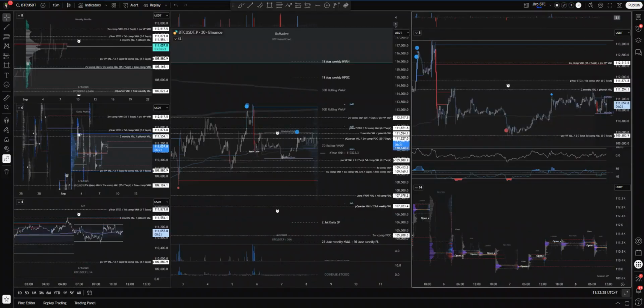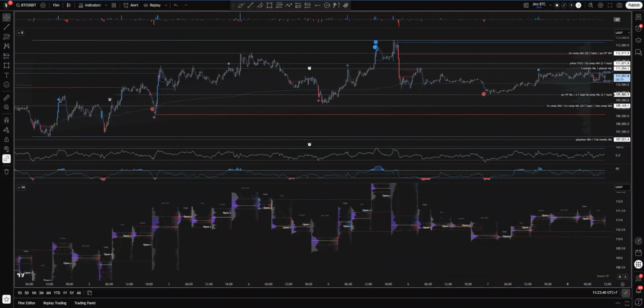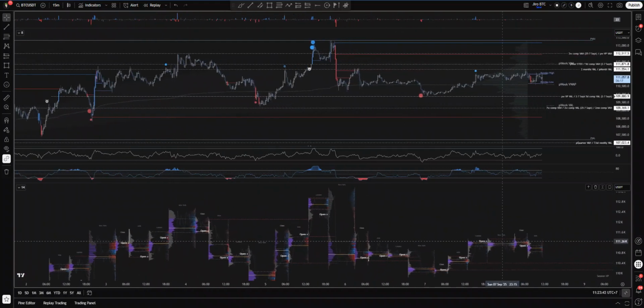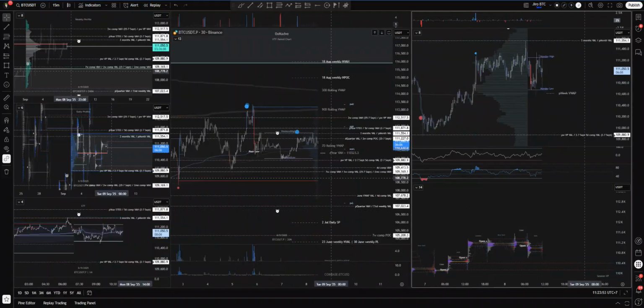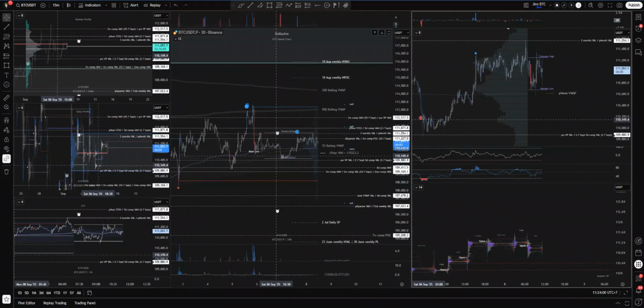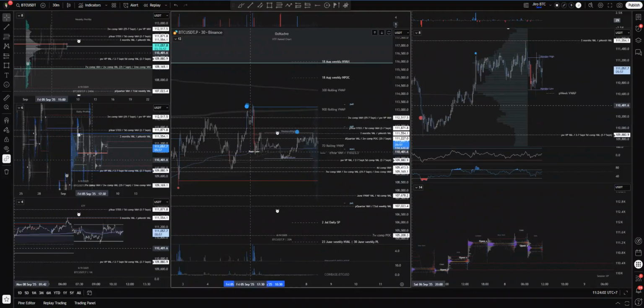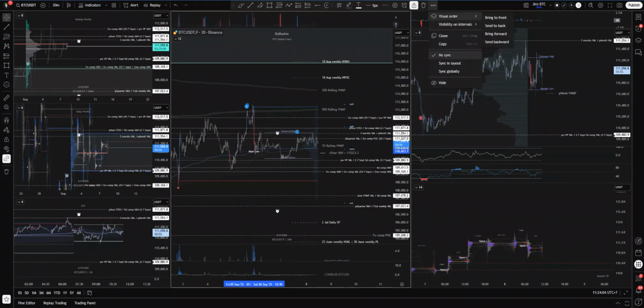How about the session here? Yep, what's this? 1110.4, 1110.12. Yeah, I think similar here with the weekend low. So yep, just gonna leave it be first. Gonna hide this one as well.